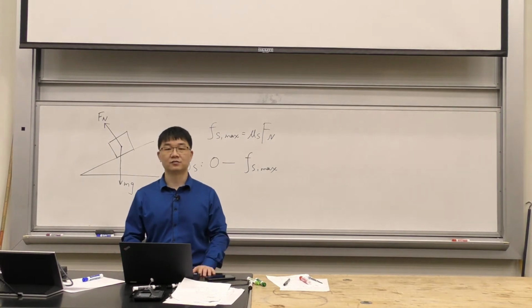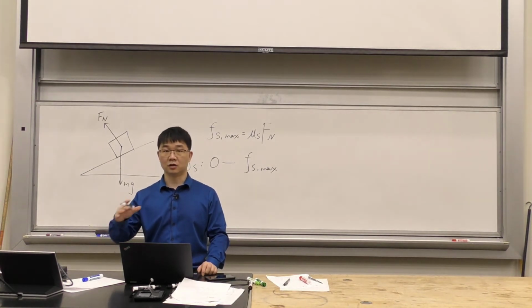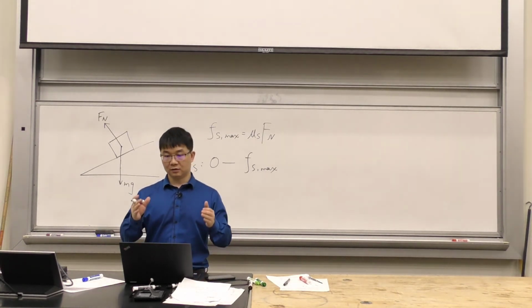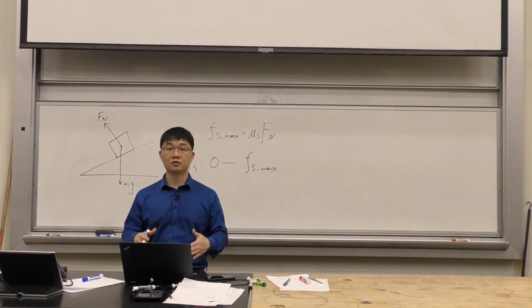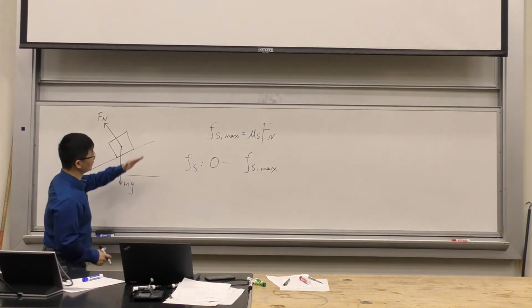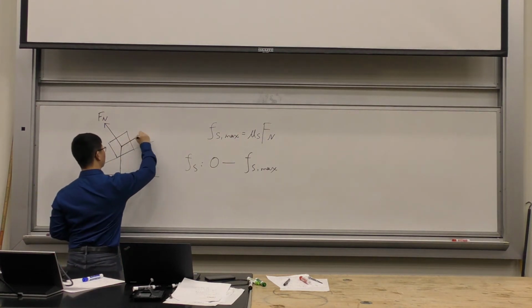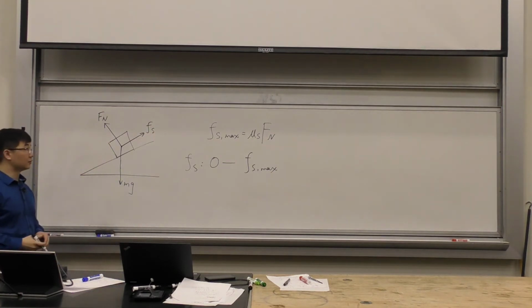The simplest case, if you have something on a horizontal surface, normal force is straight up, and static friction force is going to be horizontal. But the friction force is always parallel to the surface. So if the surface has an angle with the horizontal, you draw the static friction force this way. That's the direction of the surface.